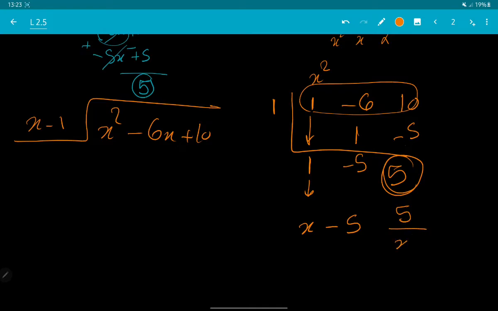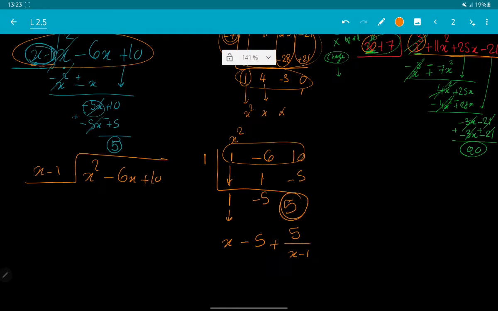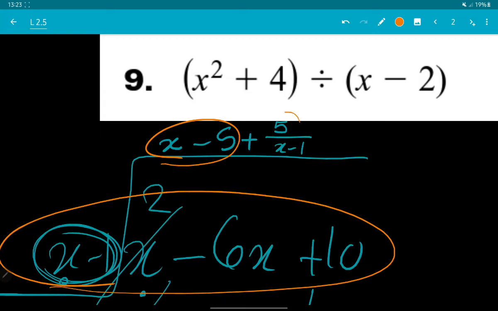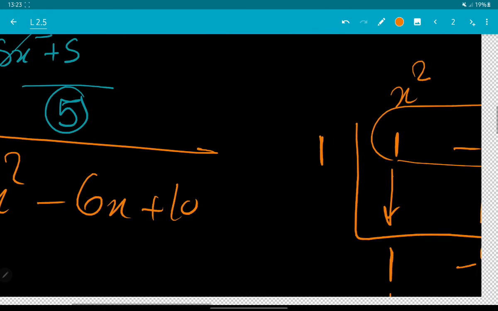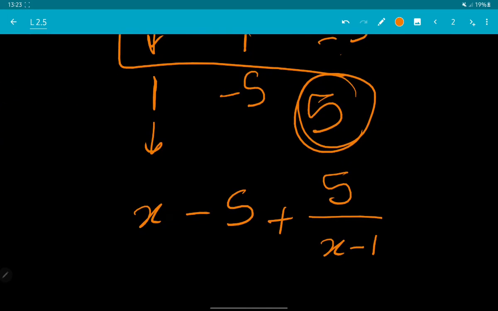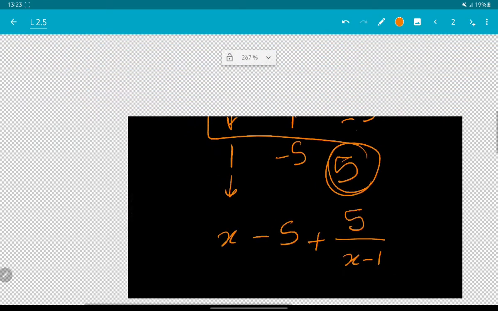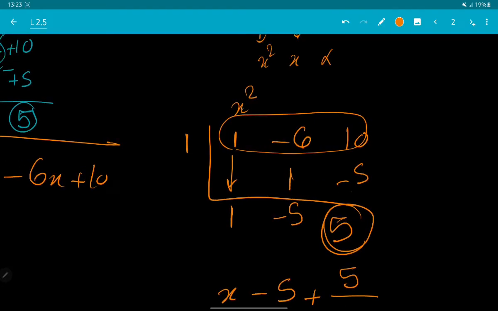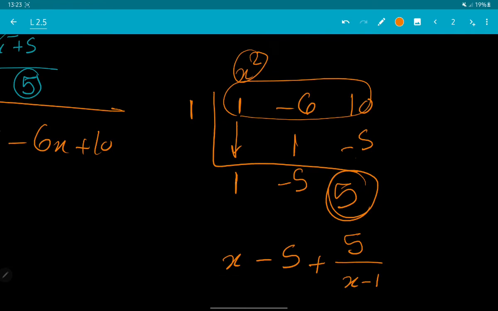x minus 1. So this is the remainder. As you remember, the answer of this was x minus 5, and the remainder was 5 over x minus 1. If you think you didn't get how we write this, again, that question started with x power 2, so the answer here starts with x.